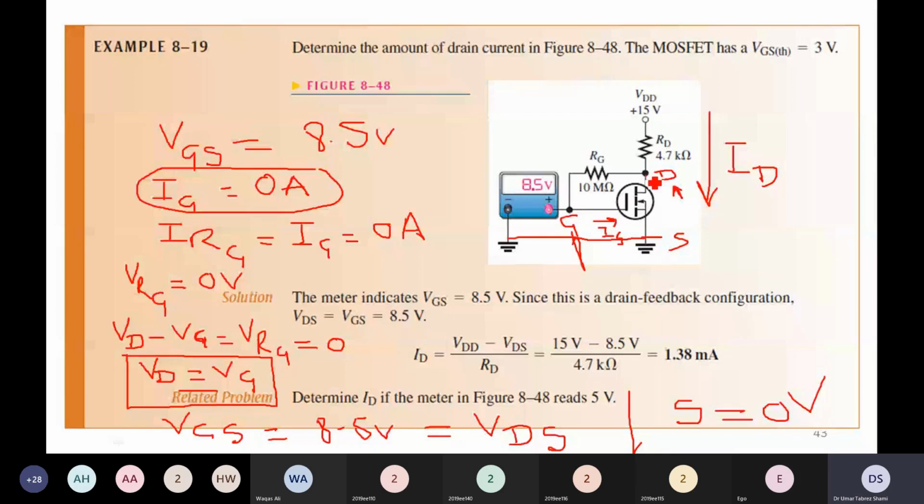This VDS is at 8.5 volt. VDD is at 15 volt. What is current ID? So current ID becomes very simple to solve. ID is equal to VDD minus VDS over RD, which is equal to 1.38 milliampere.